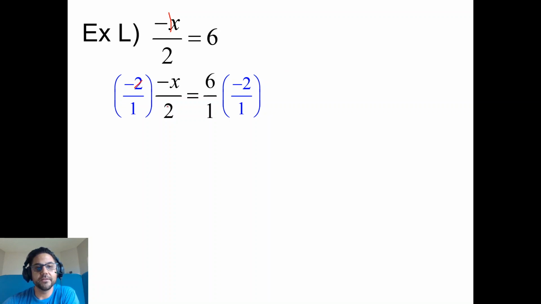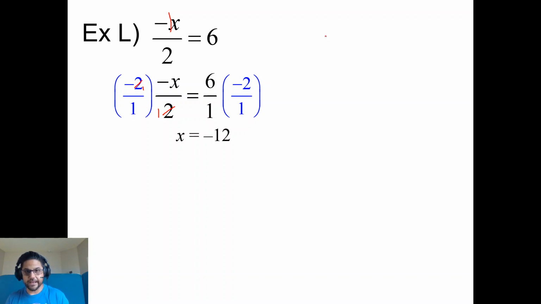So cross cancel. Negative multiplied by negative is a positive, so that means x is going to be equal to negative 12. Again, if you were to check it, let's see. Maybe I can actually write it this time. Get my pen tablet ready to go.